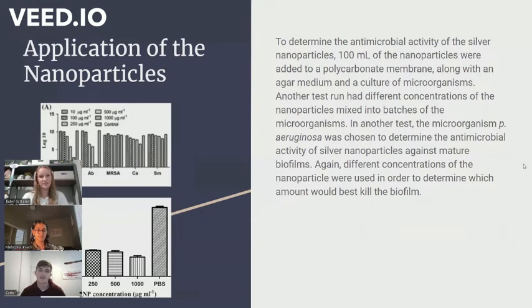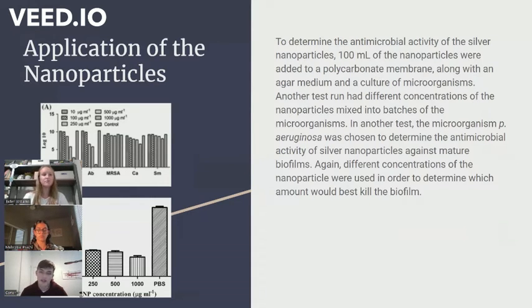This is the application of the nanoparticles. To determine the antimicrobial activity of the silver nanoparticles, 100 milliliters of the nanoparticles were added to a polycarbonate membrane along with an agar medium and a culture of microorganisms. Another test run had different concentrations of the nanoparticles mixed into batches of microorganisms.